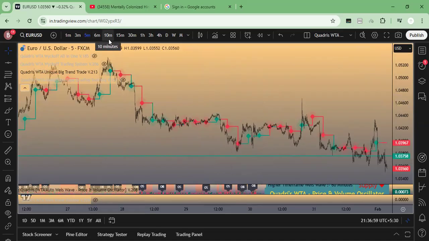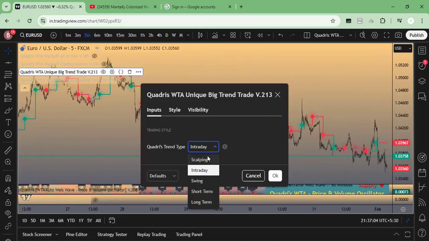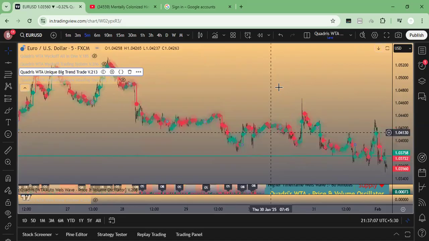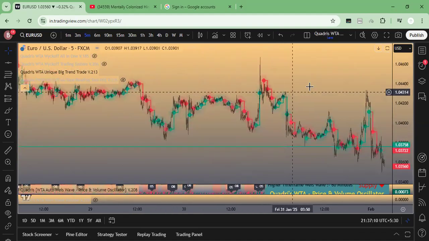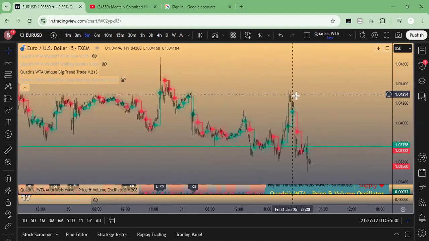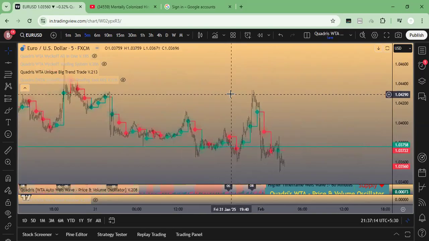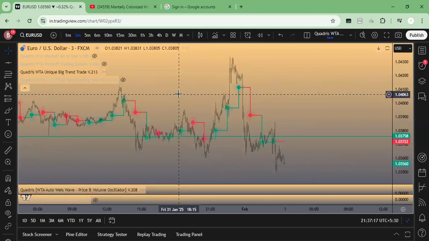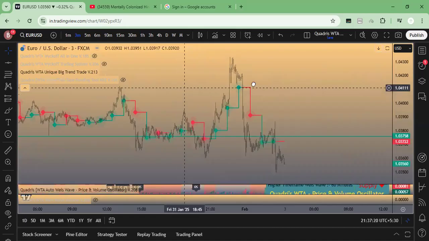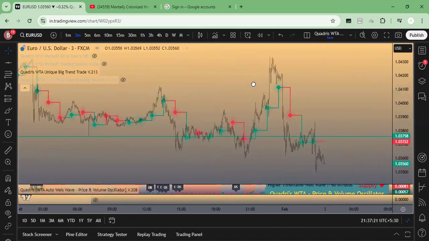If you hover over here, for example, if you drop down for scalping, it also comes with scalping. Scalping is something which you can try to apply on either 5 minutes or 3 minutes. If you apply it on 3 minutes, it will give you some different kind of features, as we are watching Euro USD.